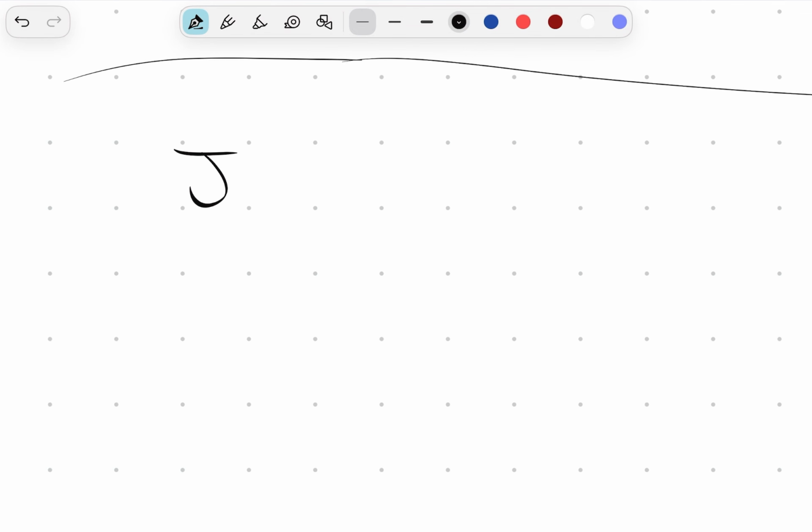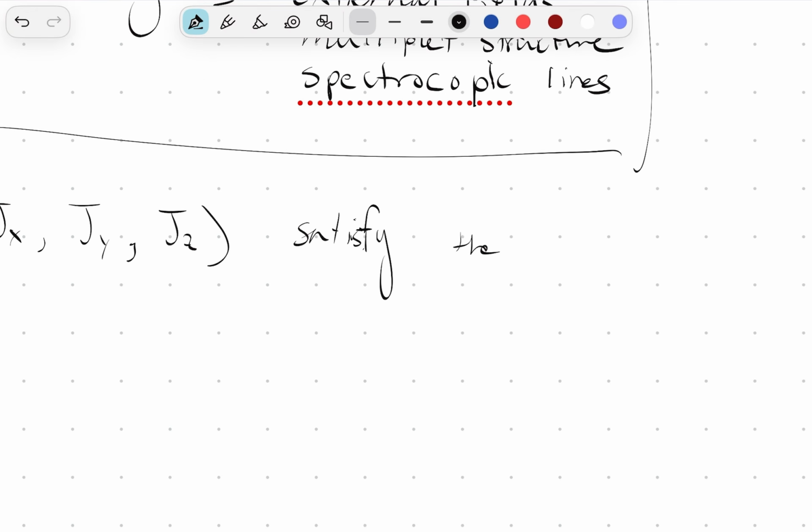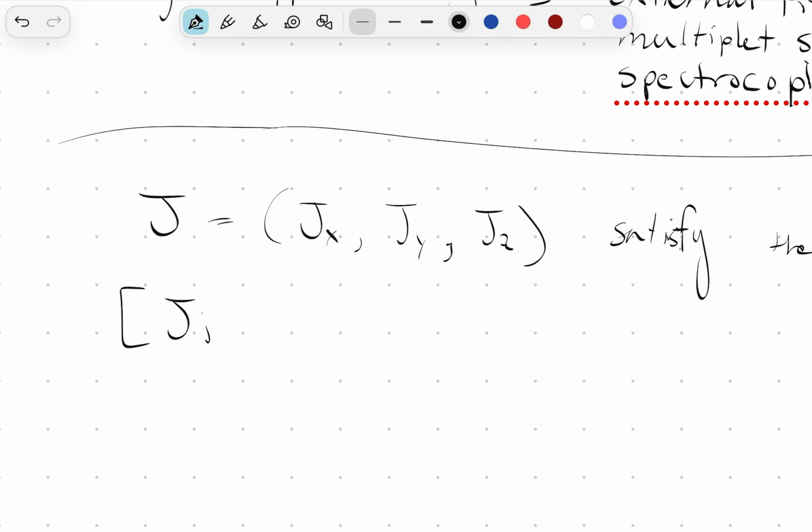The angular momentum operator is usually denoted with J. You'll have Jx, Jy, and Jz, and they satisfy the Lie algebra of SO(3) and their commutation relations, where you have some Ji and Jj commute to iℏ with the cyclical Levi-Civita tensor with Jk.